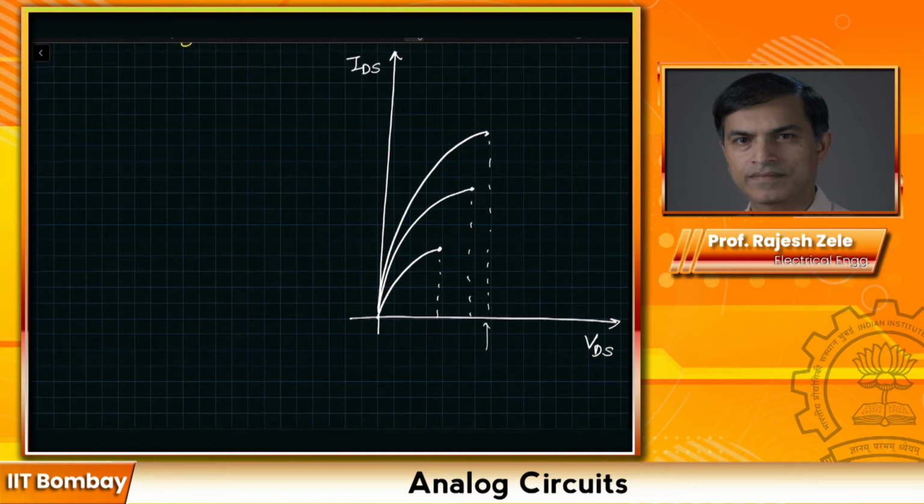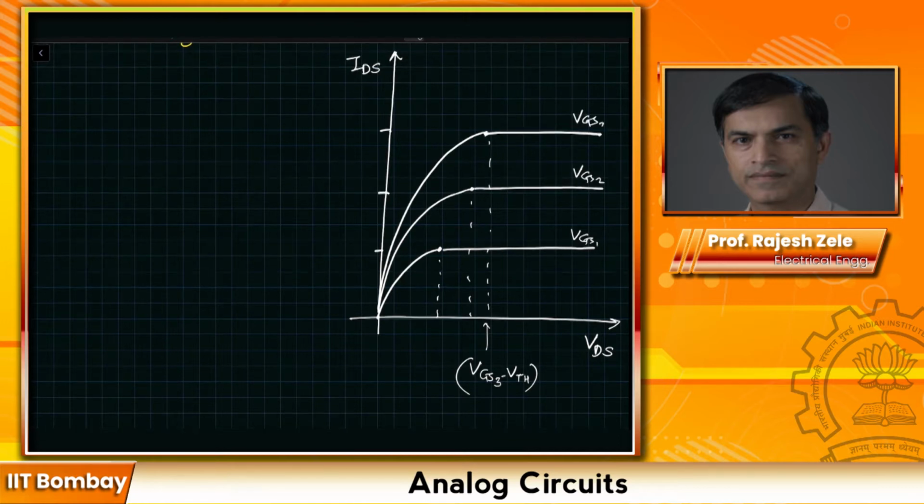So this would be VGS3 minus VTH, the VDSAT number. From the first order equations, we saw that the current does not change, and this is the way it looked. It looked flat. The current values did not have any dependence, and these are for different VGS1, VGS2, VGS3, all greater than VTH, threshold voltage.